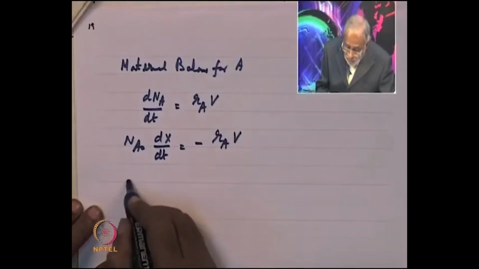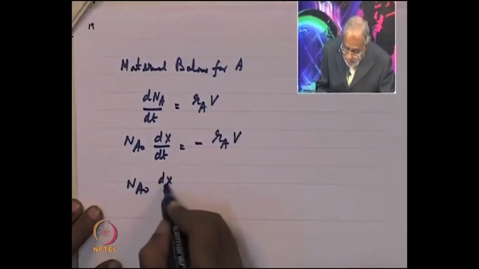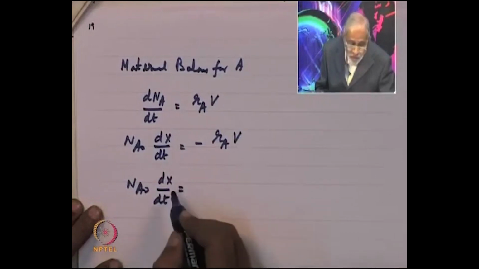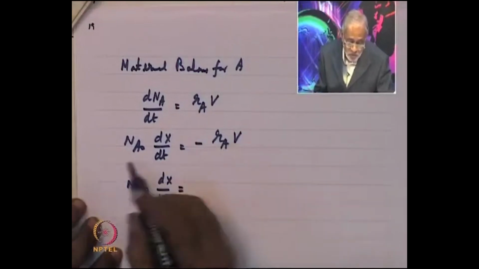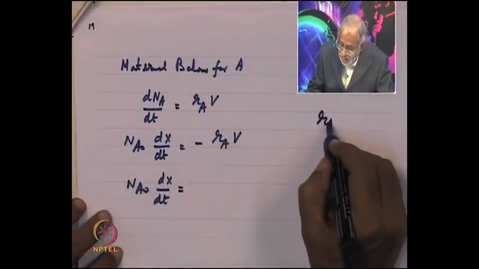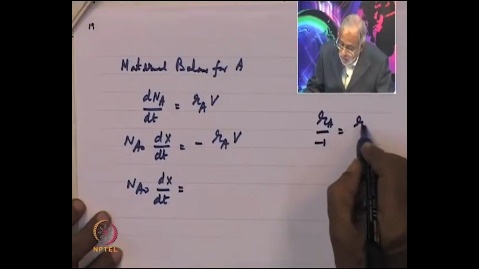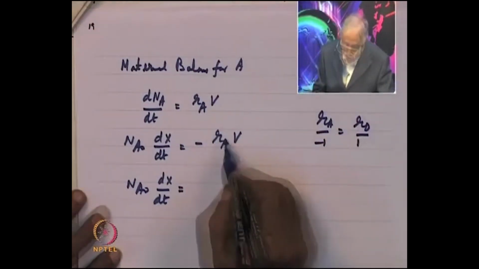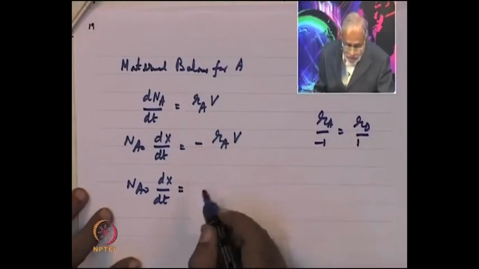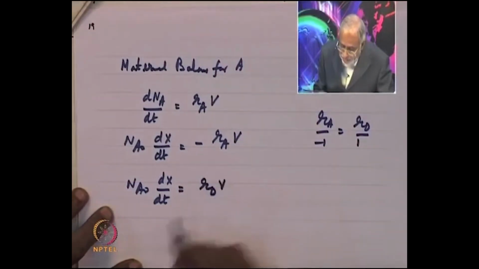N_A0 dx/dt equal to what? From our stoichiometry, R_A by minus 1 is equal to R_D by plus 1. So, minus R_A V is equal to plus R_D V.